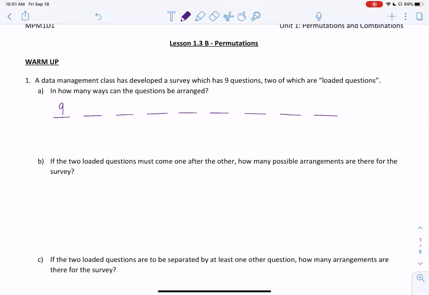Then, for the second spot, I've already used up 1 question, so there's 8 questions to choose from. Then there'd be 7 questions, 6 questions, 5 questions, 4, 3, 2, 1. And because on the survey I have question 1 and question 2 and question 3 and question 4, I am going to multiply them.